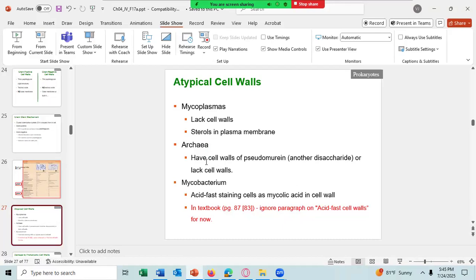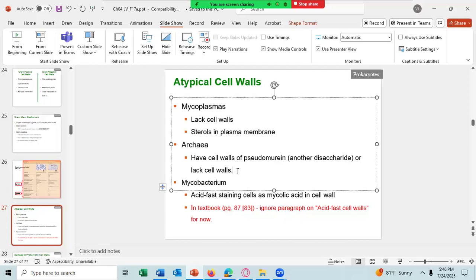If the archaea have a cell wall, and most of them do, they have pseudomurine in their cell wall, not peptidoglycan. Pseudomurine is just another disaccharide. You don't really need to know about pseudomurine, but you should know the archaea have different cell walls lacking peptidoglycan. Any question about any of that?